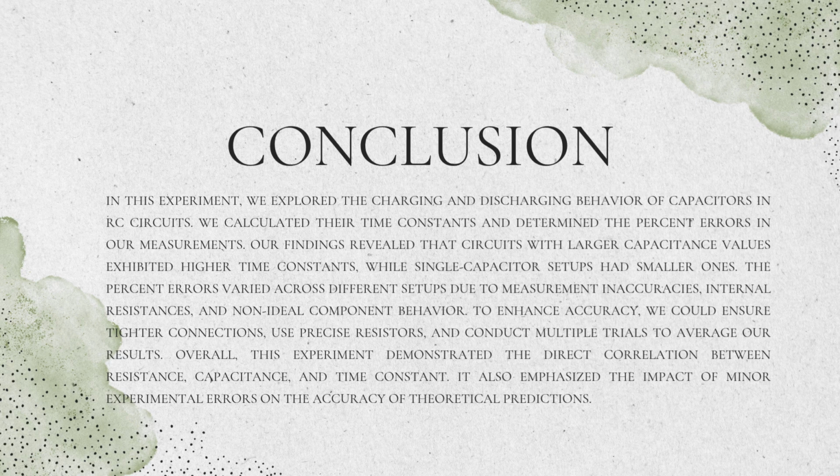To enhance accuracy, we should ensure tighter connections, use precise resistors, and conduct more trials to average our results. Overall, this experiment demonstrated the direct correlation between resistance, capacitance, and time constant, and also emphasized the impact of minor experimental errors on the accuracy of theoretical prediction.